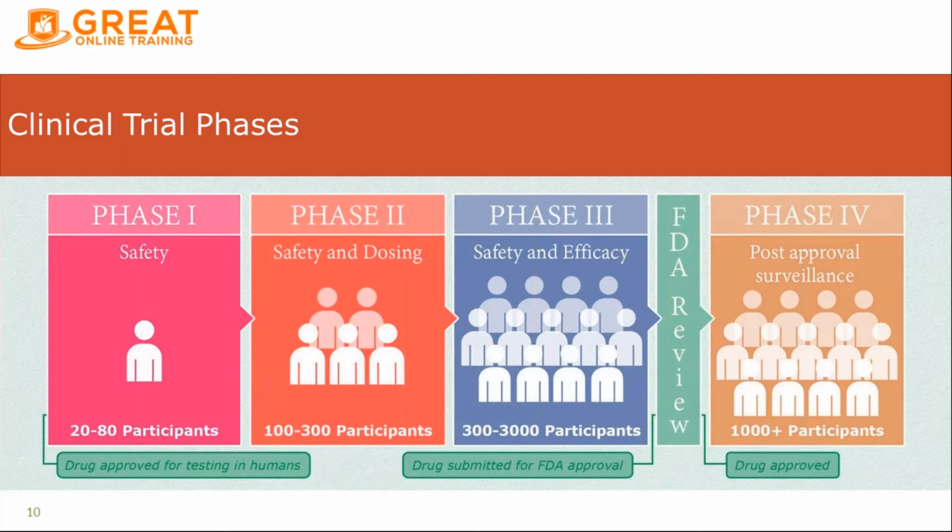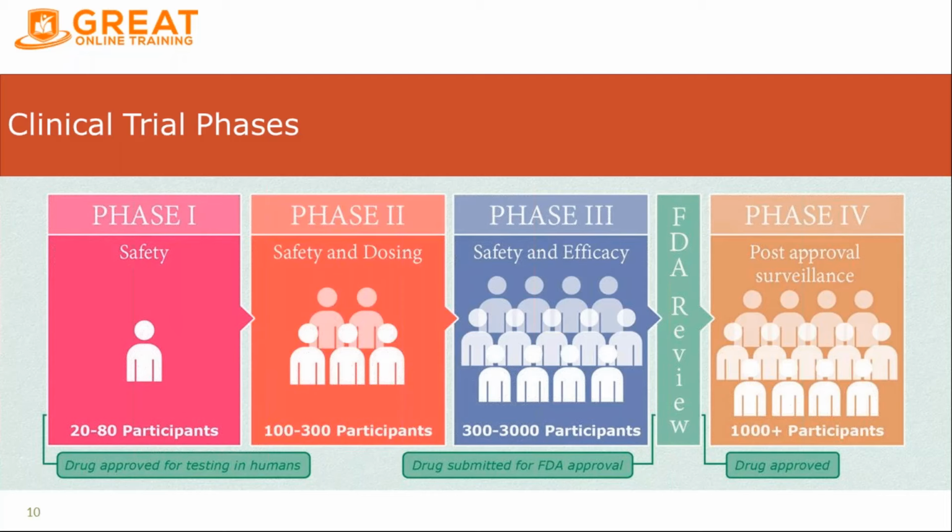Phase 2 trials we generally call the safety and dosing phase. Several months to 2 years is the period in which it occurs. 100 to 300 participants will be there in a phase 2 trial.